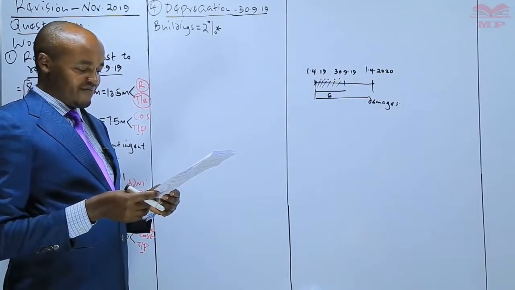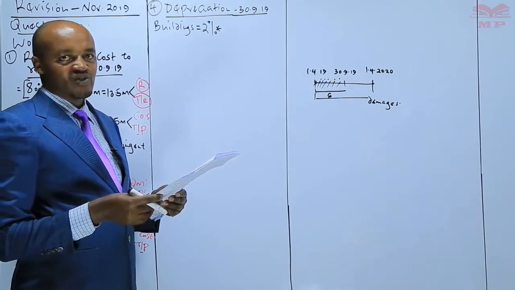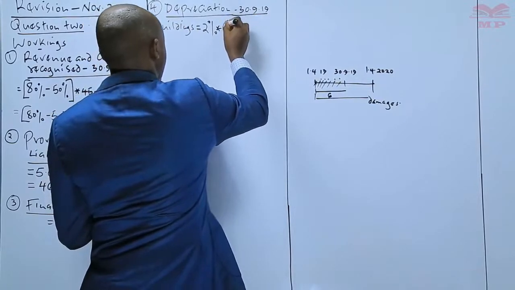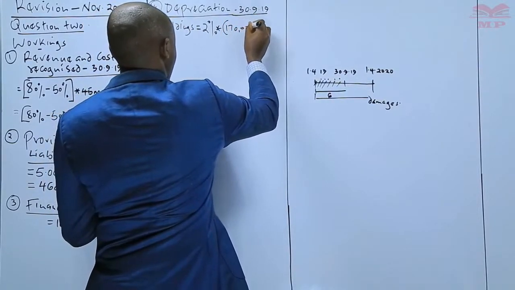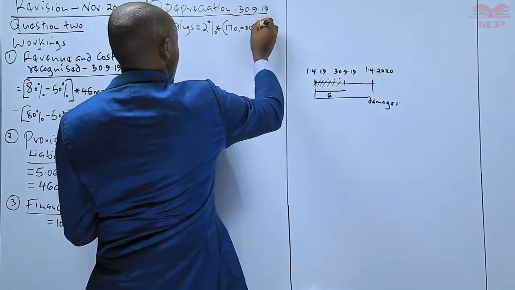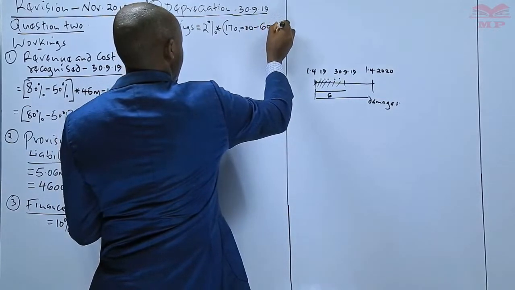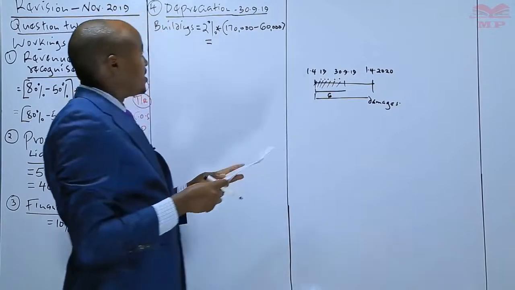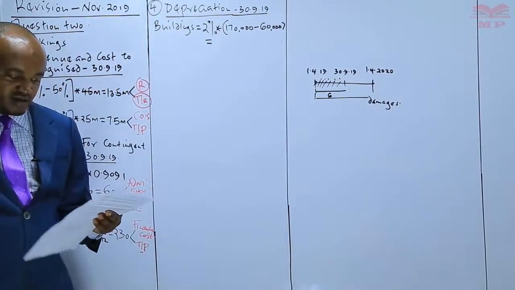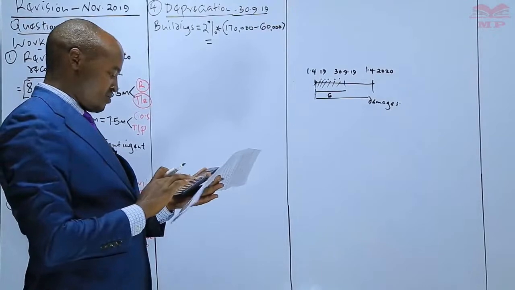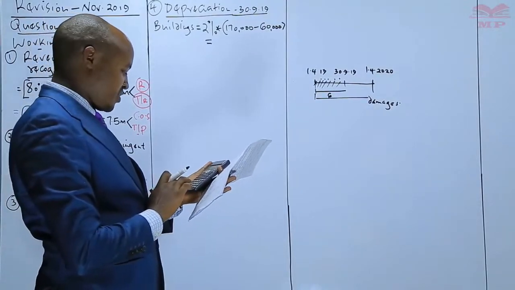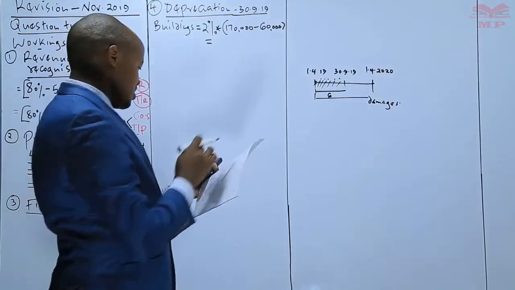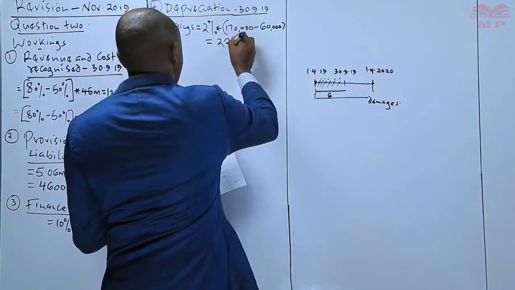So the difference represents the cost of our building. So we take 170, which includes the cost of land and building, less the cost of land, which is 60. We are left with the cost of building. So we get 2% of that. Let's compute that: 110,000 times 0.02 will give us 2,200.